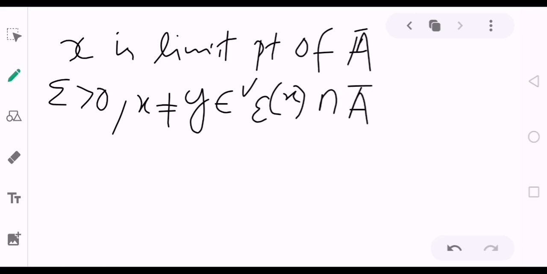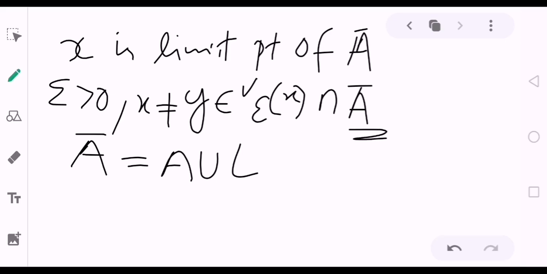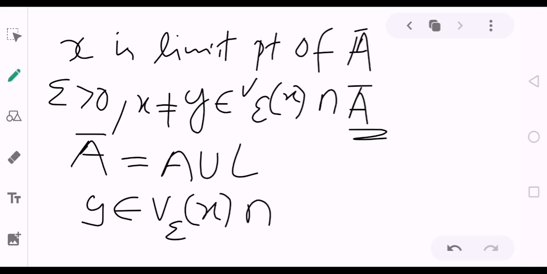So we get a y which is an element of the epsilon neighborhood of x intersection A closure. But what is A closure? A closure is, as you all know, A union L. So by putting this here, we get y is an element of V epsilon x intersection (A union L).